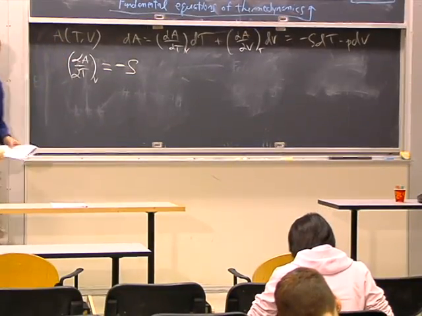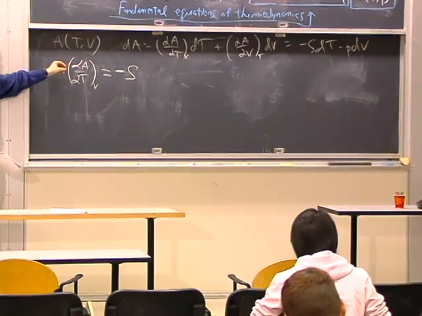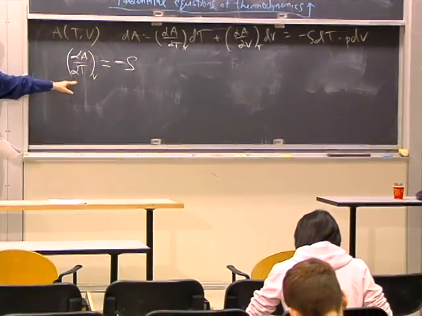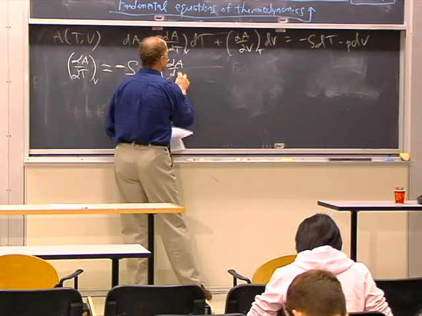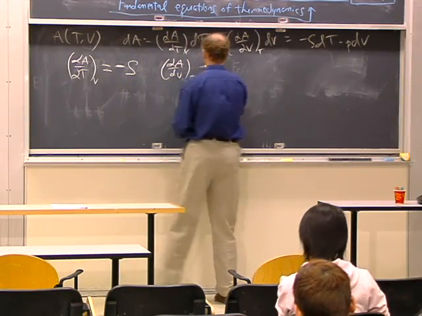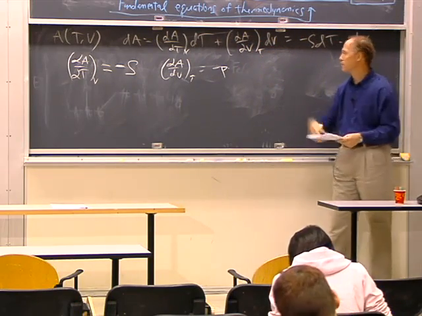Right? In other words, now I know how to tell how the Helmholtz free energy changes as a function of temperature or as a function of volume. dA/dV at constant T must be negative P. Right? Things that I can measure.